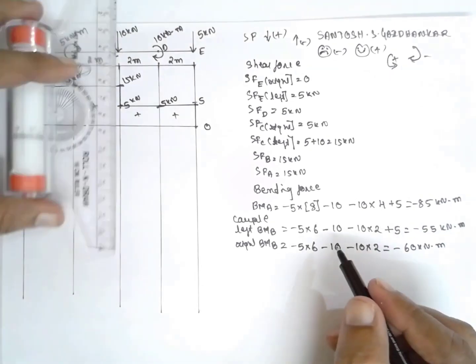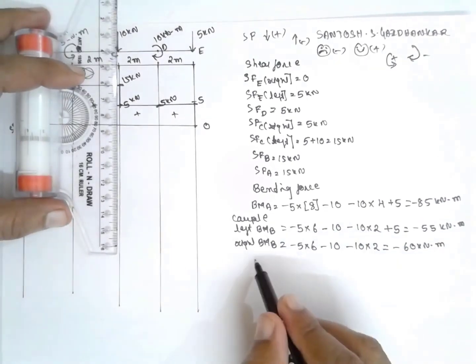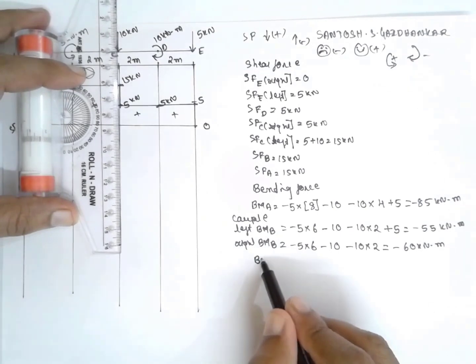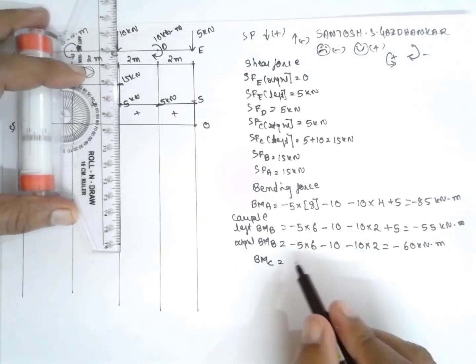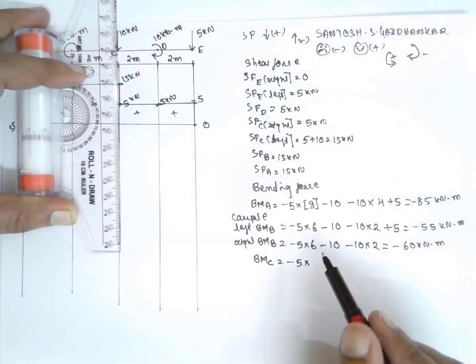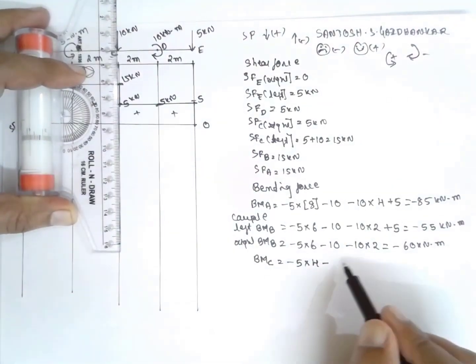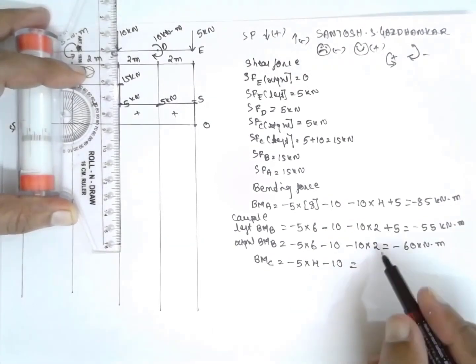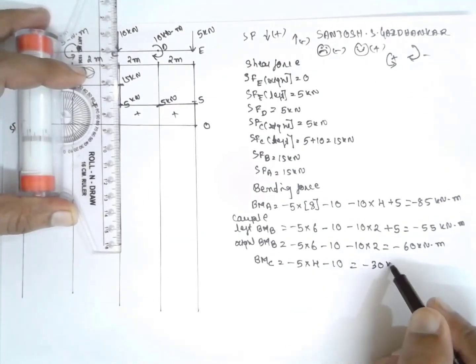Now at C, it is a point load. BM at C, minus 5 into distance 4 minus 10, the answer is minus 30 kilonewton meter.